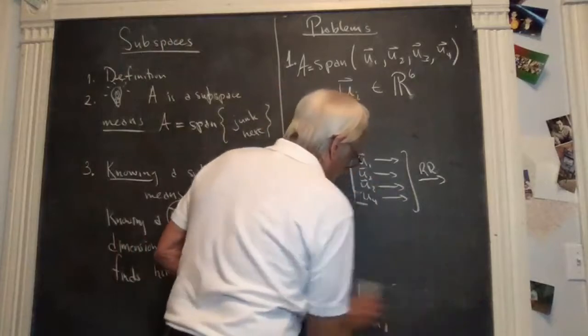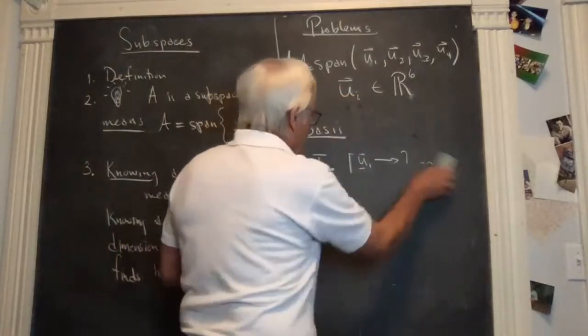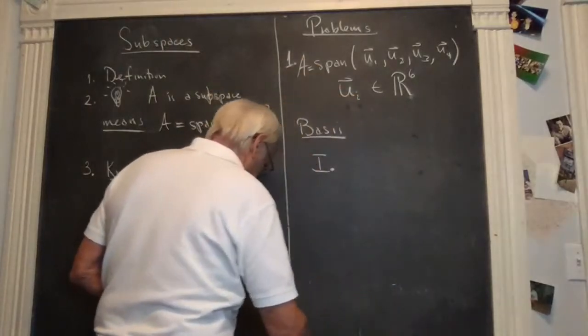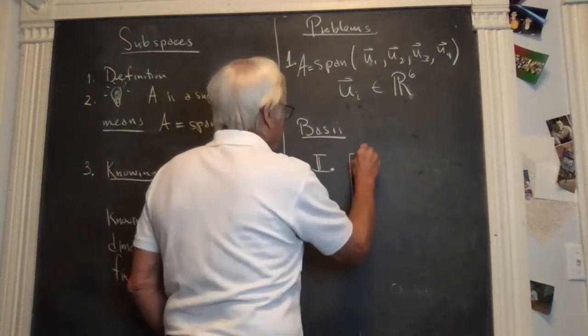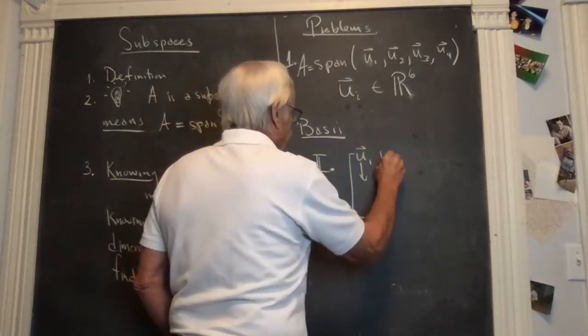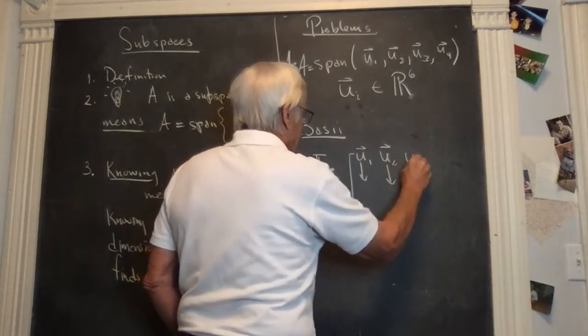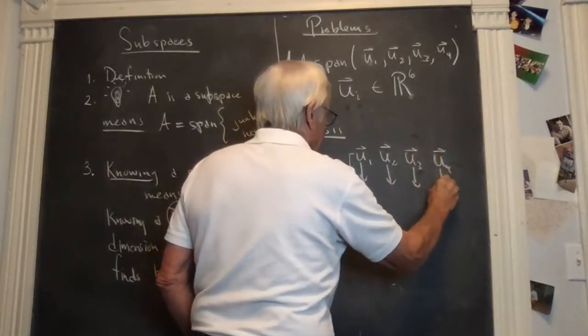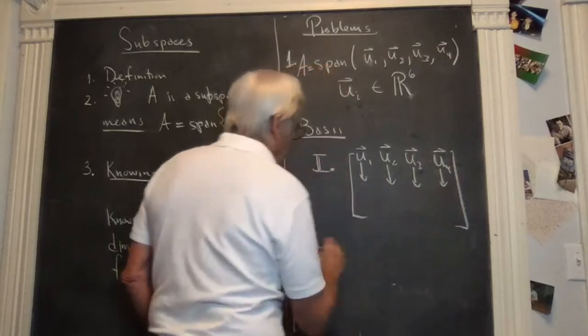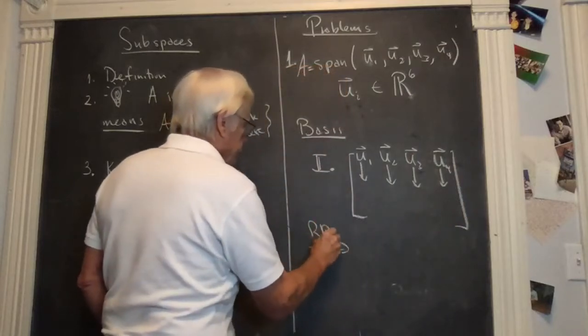Method two is actually the one we started doing. And that puts these vectors in columns. And again, we row reduce.